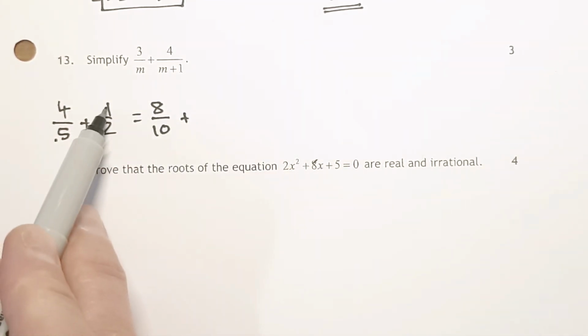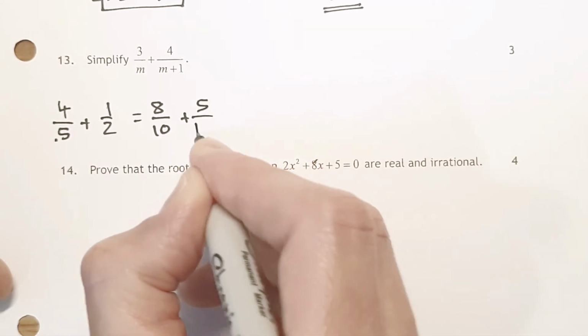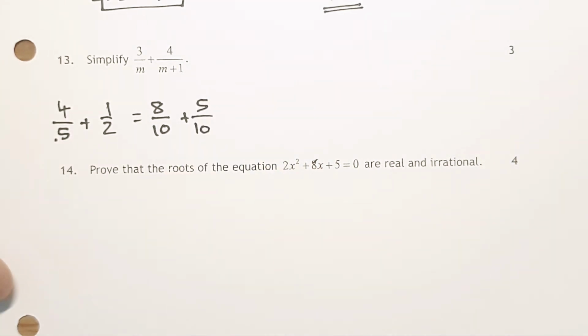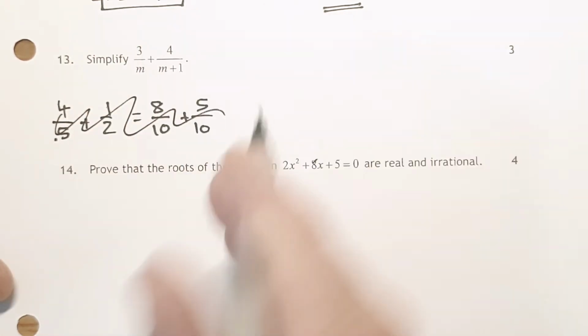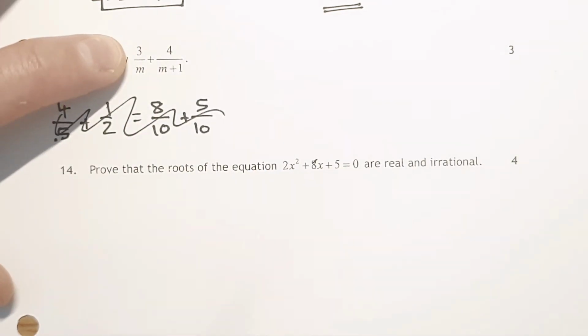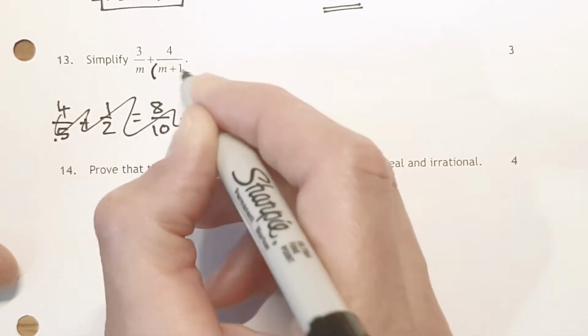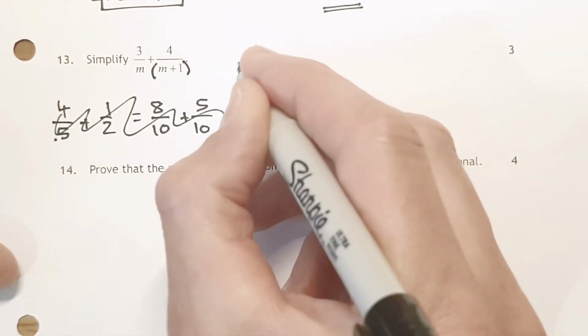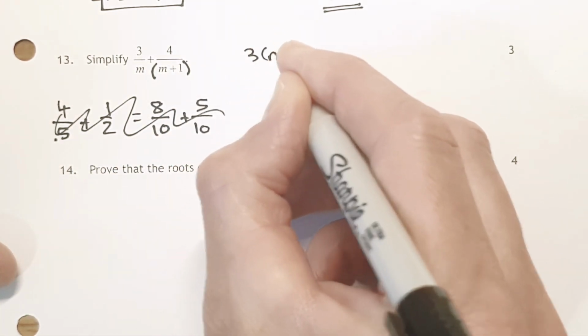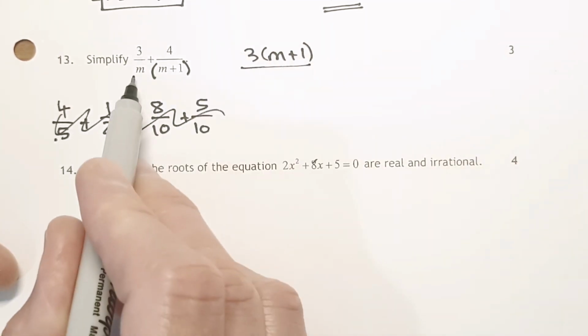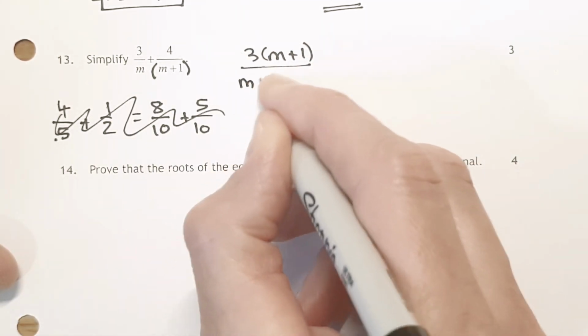And then you times the second one by 5, top and bottom, and you get 5 over 10, same denominator. Well, it's the same kind of concept we've got to do here, only we don't have numerical denominators. So we're going to take the first fraction and multiply it top and bottom by that entire denominator. So it's going to be 3 times m plus 1 over m times m plus 1.